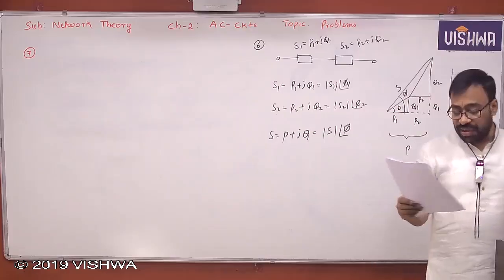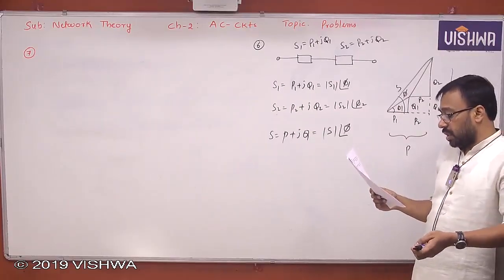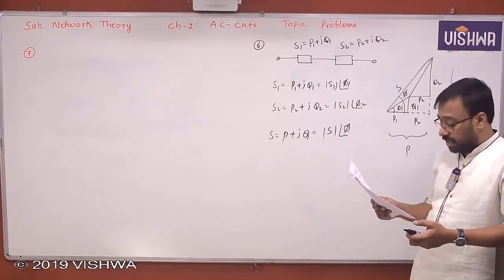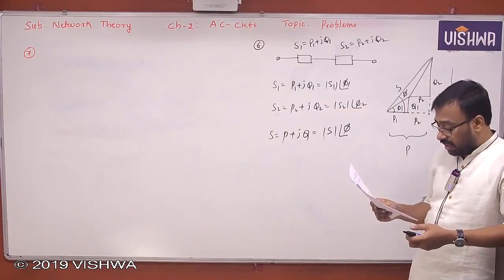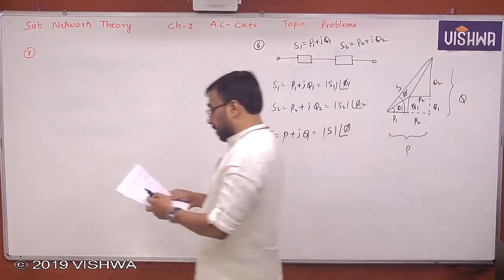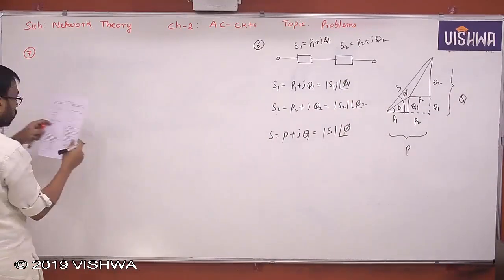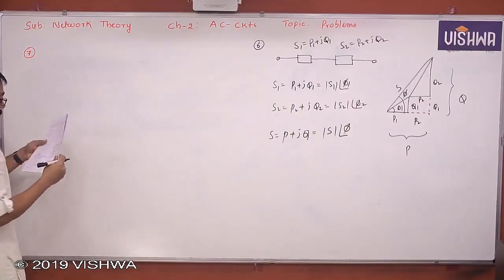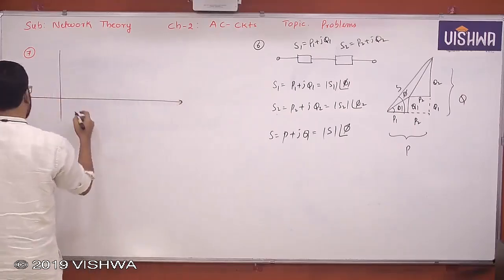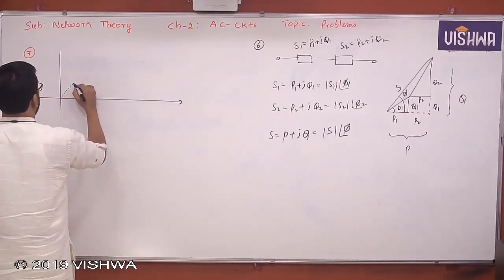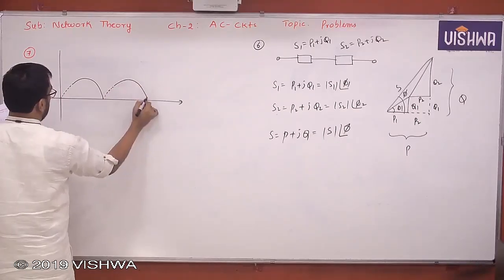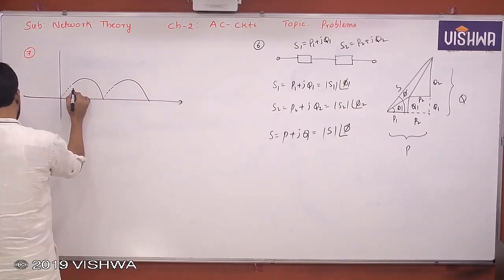If the V average value is equal to half of V max, then what is the value of alpha? Some periodic waveform is given. It's a full wave rectified waveform, please go through problem number 7. The problem was given like this. This is alpha.